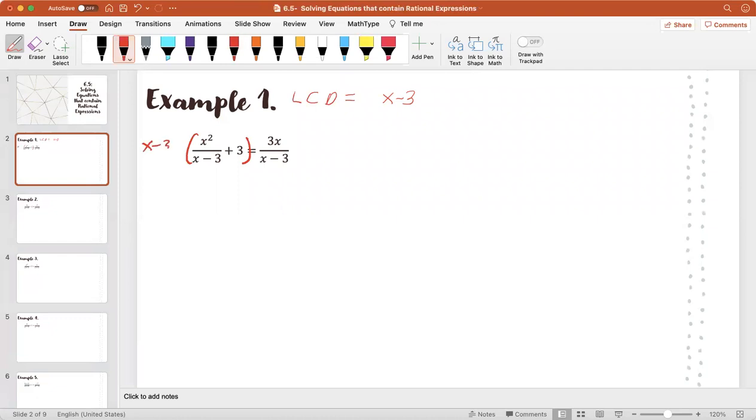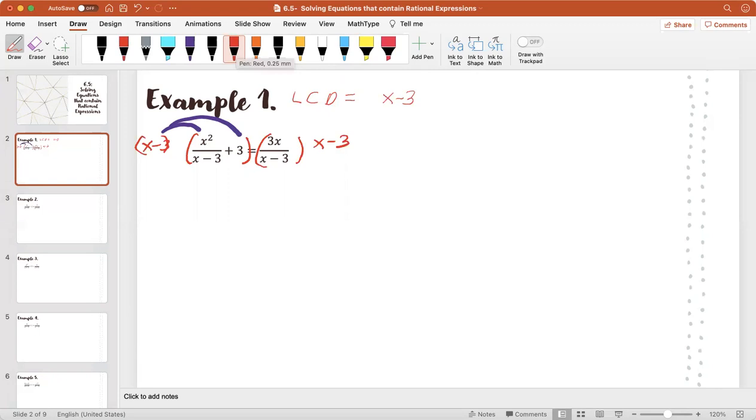Multiplying both sides by x minus 3. Now we have this expression. Since we have two terms here on the left, we must use the distributive property there.